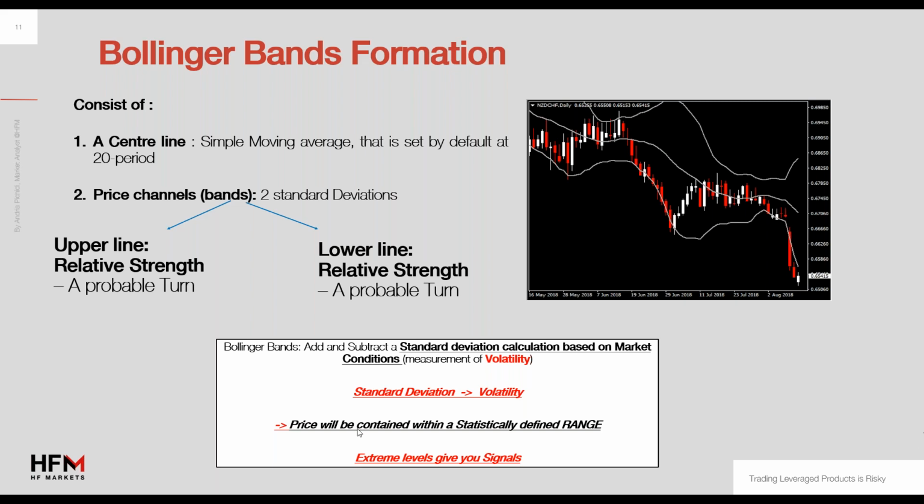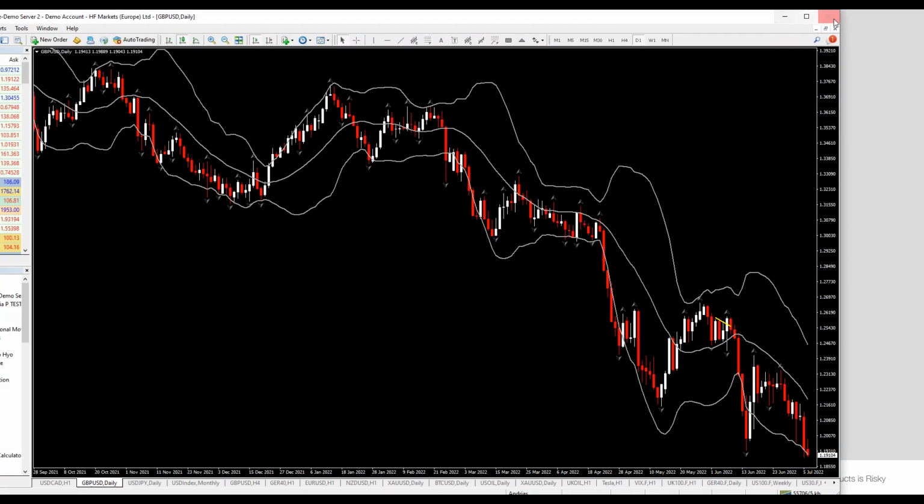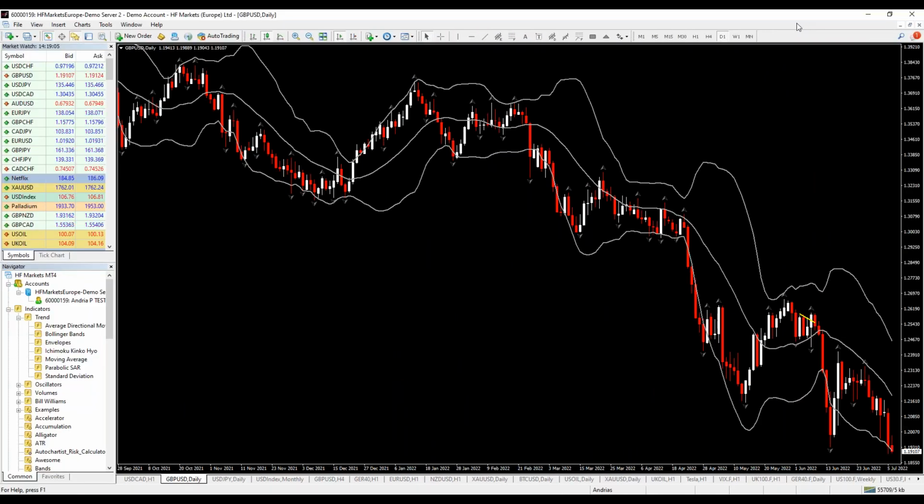The price should always be contained within the Bollinger Band range. If it's not contained within the Bollingers, it means that you need to change your settings in order for the price to be contained within this statistical tool, within the Bollinger Band range.